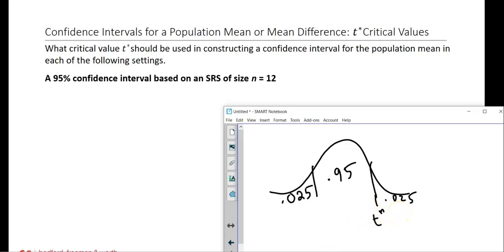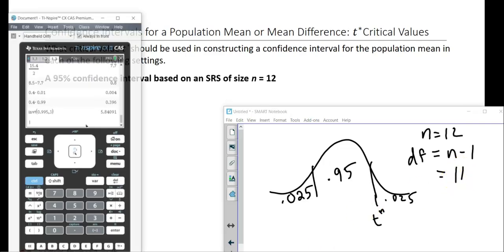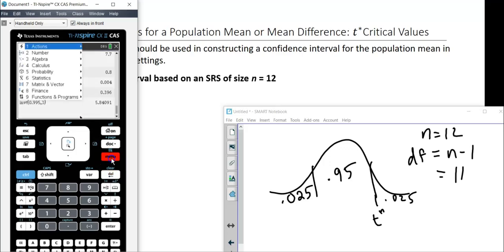And so we're going to use our calculator. Because n is 12, and that's not degrees of freedom. Degrees of freedom for this type is going to be n minus 1. So 12 minus 1, which is 11. So let's go back to that command menu, 6, I think it was 5.